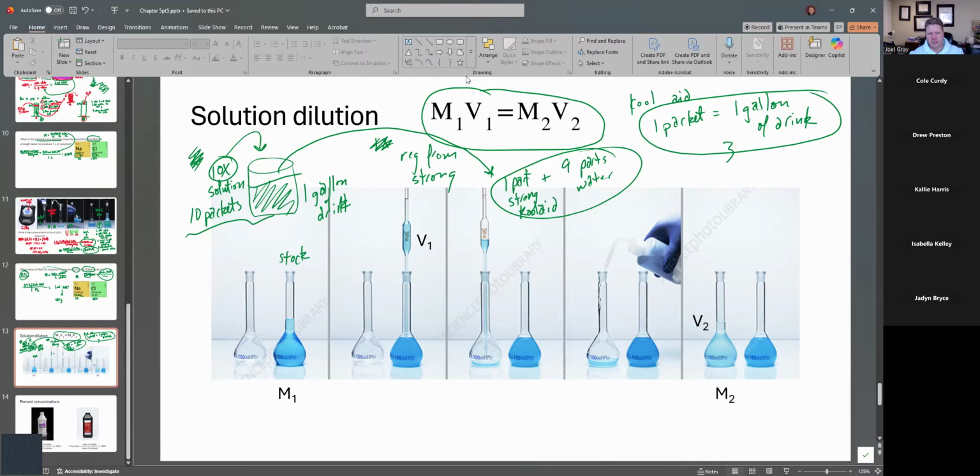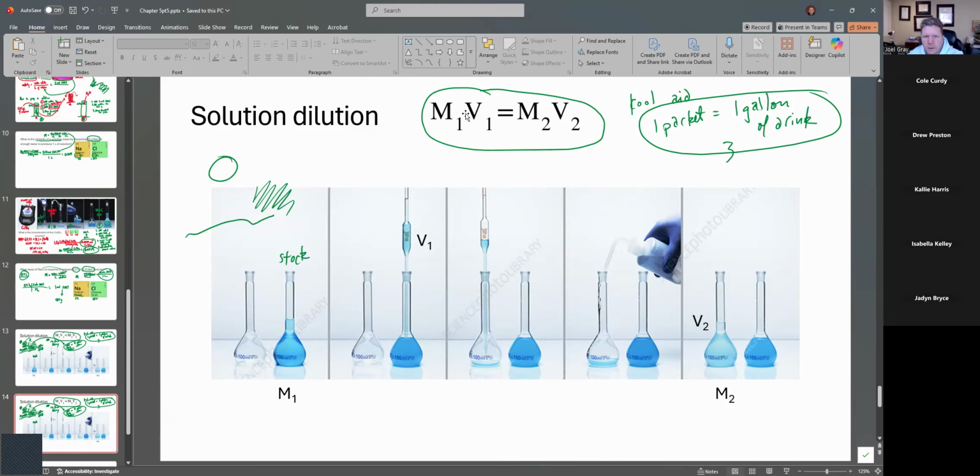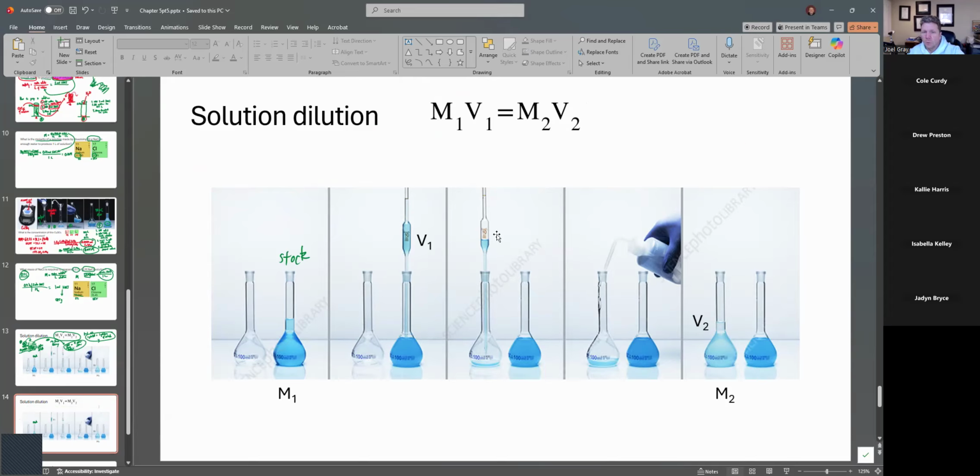That principle is this. Now, the difference is that we take molar concentration and different units and we quantify it. So we have our stock solution. This would be our 10x Kool-Aid.